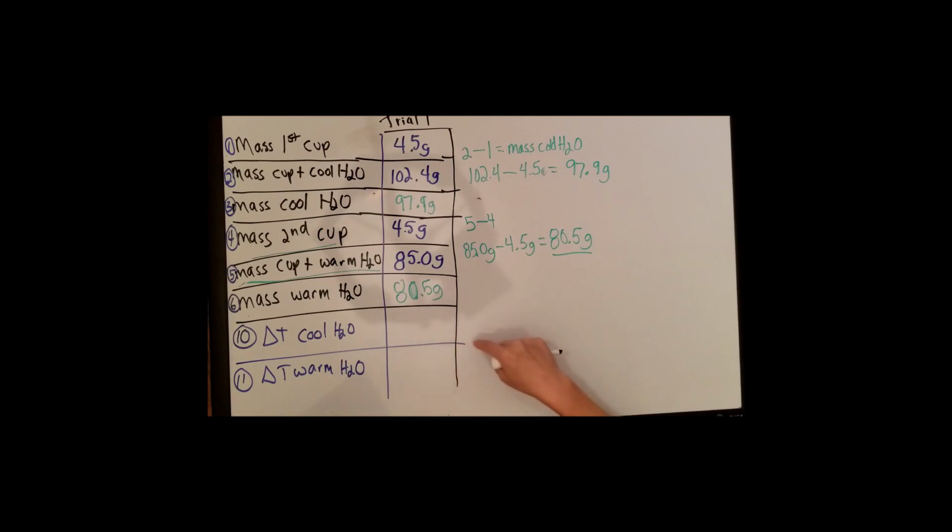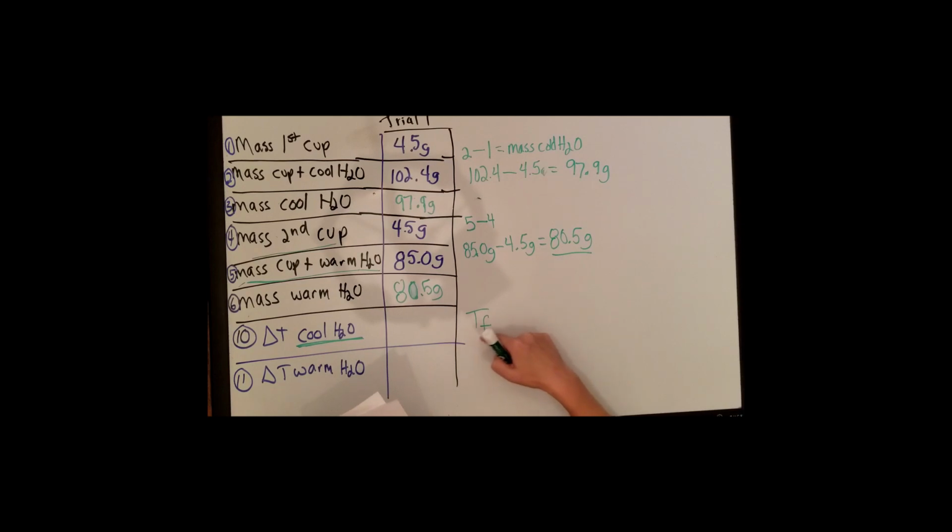So what number 10 is asking is, what is the change in temperature? So to figure out the change in temperature of just the cold one, we're going to take the final temperature, which is 50, after we mixed them together and convection occurred and heat was transferred, we got a final temperature of 50 degrees.